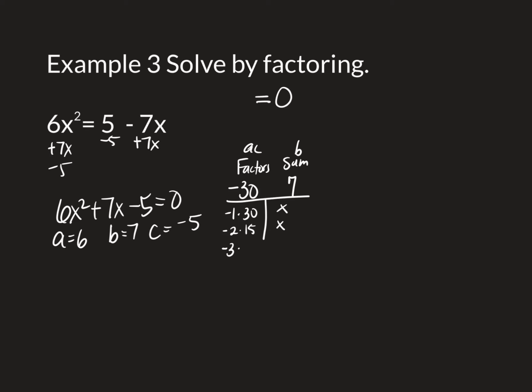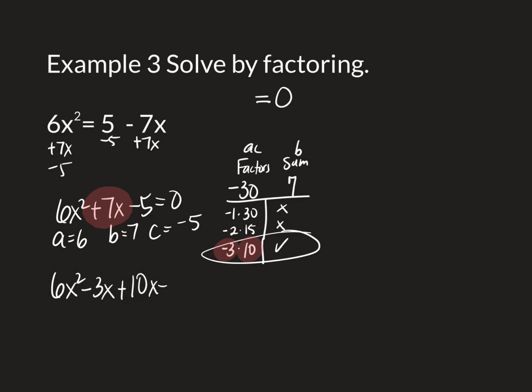Negative 3 times 10 is 7 when I add them together. So what I do with that is I replace positive 7x with negative 3x and positive 10x. So I'm going to rewrite that as 4 terms. 6x squared minus 3x plus 10x minus 5 equals 0.